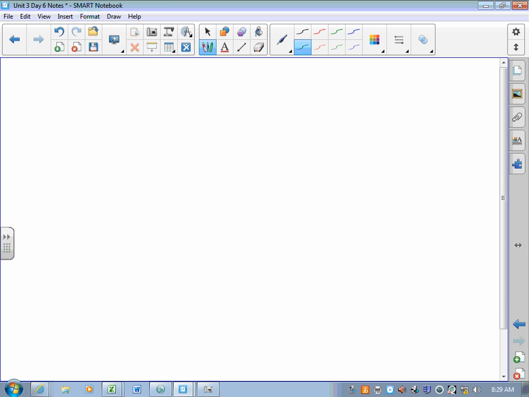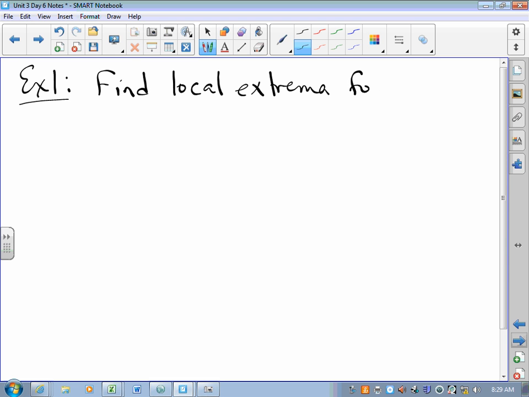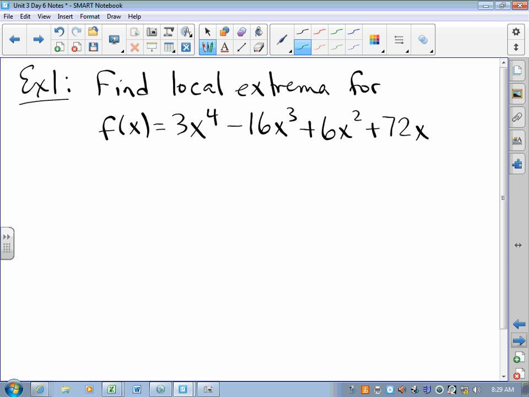So what does this look like practically? Let's find local extrema for f of x equals 3x to the 4th minus 16x cubed plus 6x squared plus 72x minus 10. I know what f prime is.